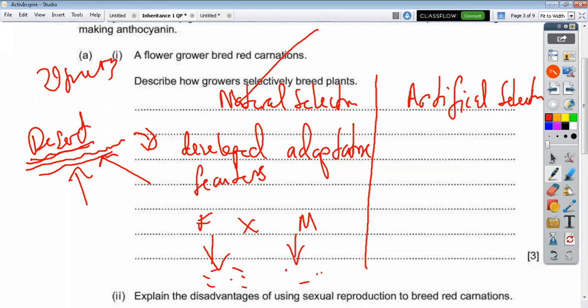So in summary, if you want to write notes, you can write that under natural selection, we have variation in population where many offspring are produced.